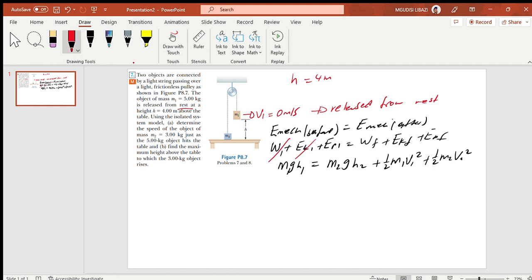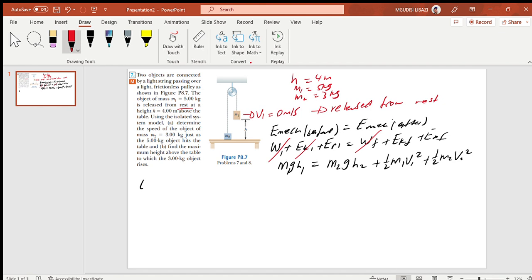And since we don't have any friction, we can cancel the work. Now let's note down the data. We have m1 equal to 5 kilograms, and m2 is 3 kilograms.